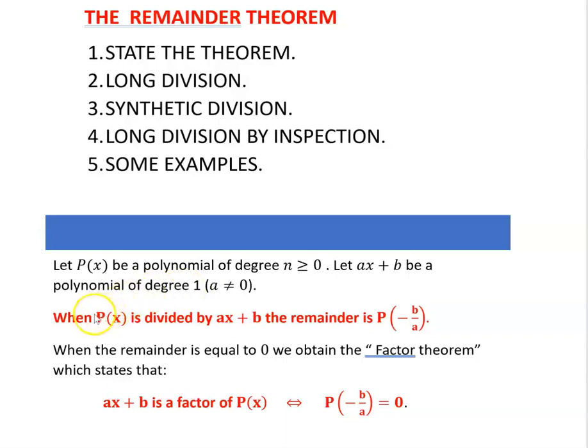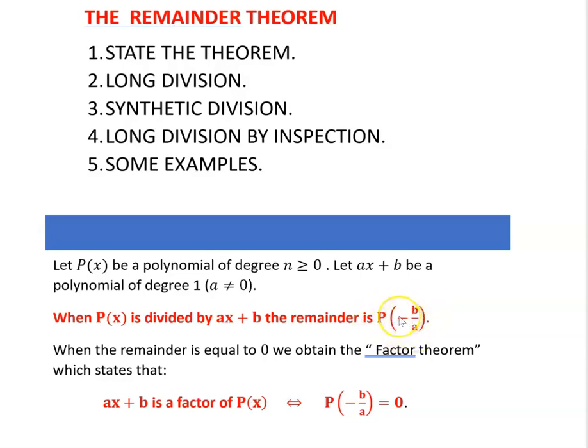Now, the theorem states that when you divide p of x by ax plus b, you will get, of course, a quotient and a remainder. And the remainder, in this case, is going to equal p of minus b over a.